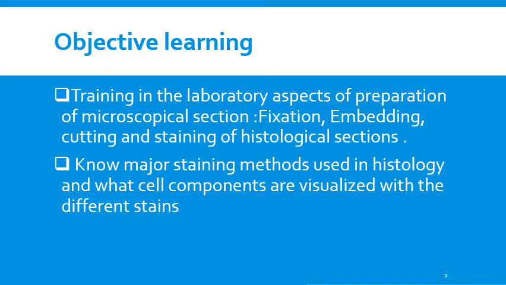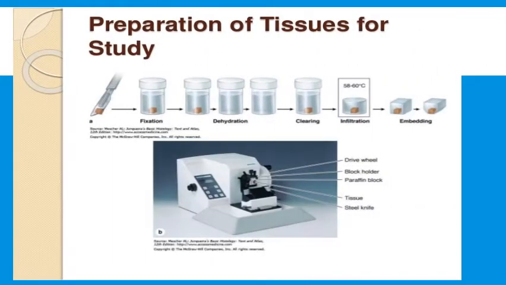And to know major staining methods used in histology and what cell components are visualized with the different stains. To prepare microscopical sections for the light microscope, there are many steps that we have followed.